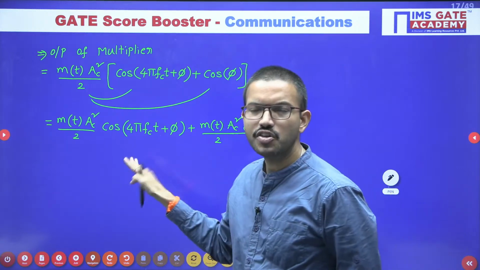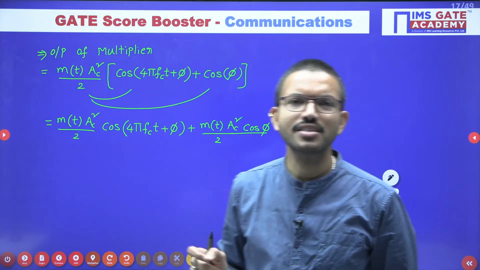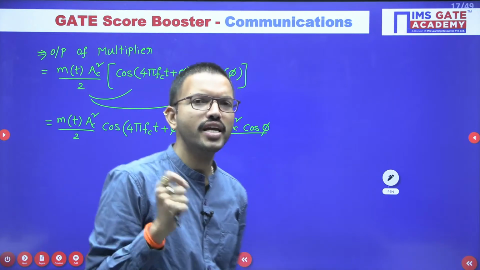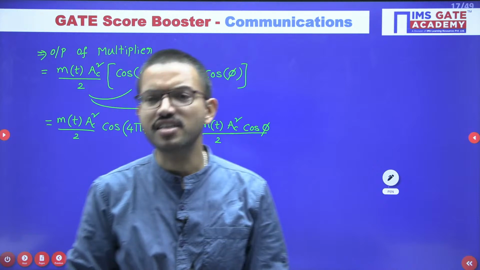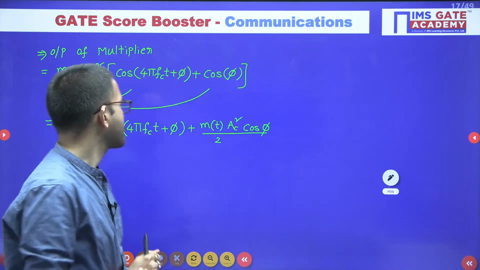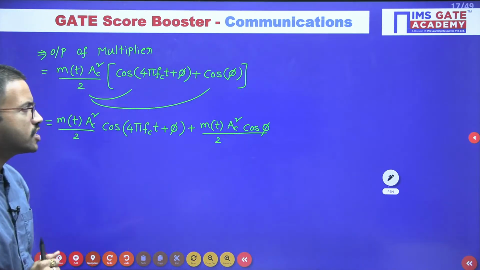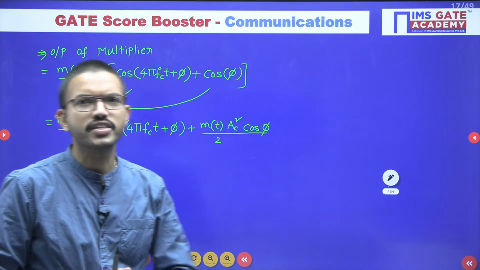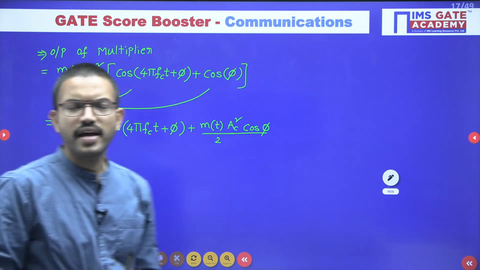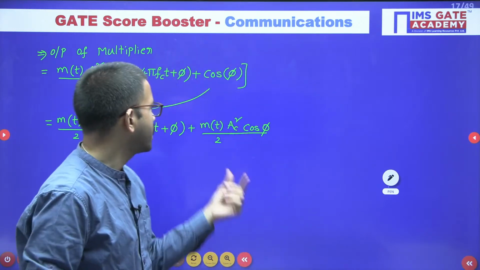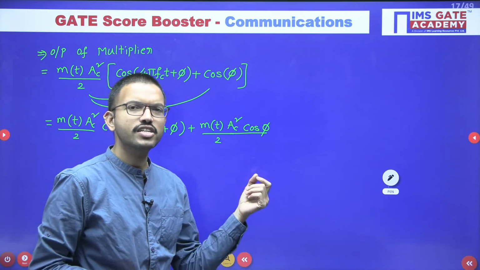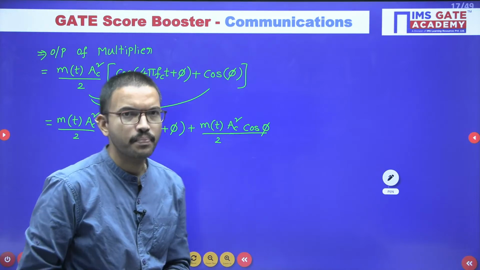Now whatever two terms you are getting here, we are passing through the low pass filter. Can you tell among these two terms which term will be allowed by the low pass filter? As the name implies, a low pass filter passes only the low frequency component, and for the low pass filter you can consider the cutoff frequency as the message signal frequency, fm.